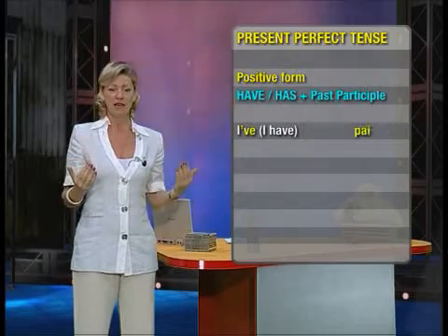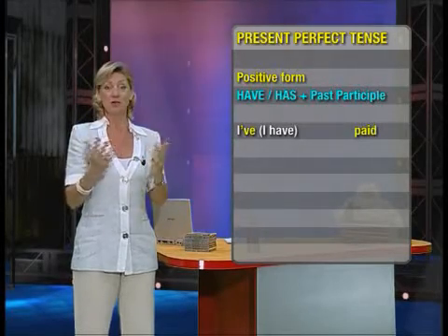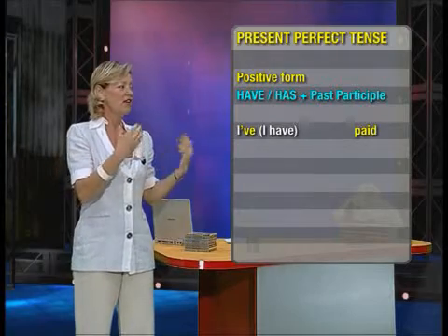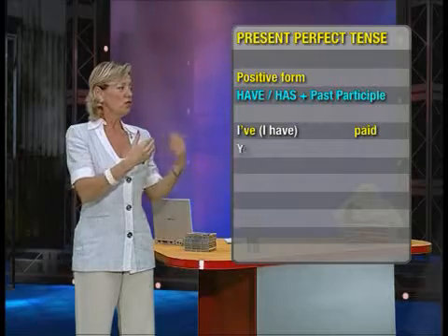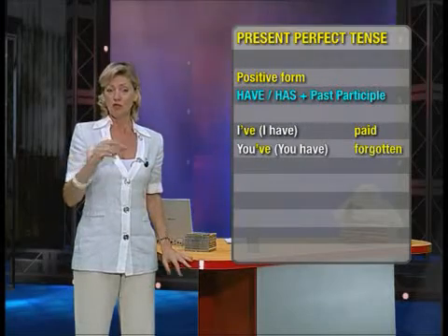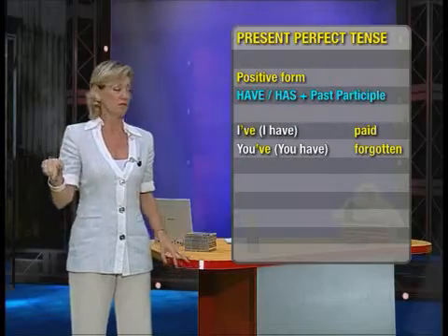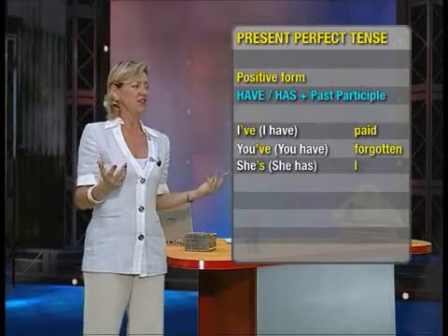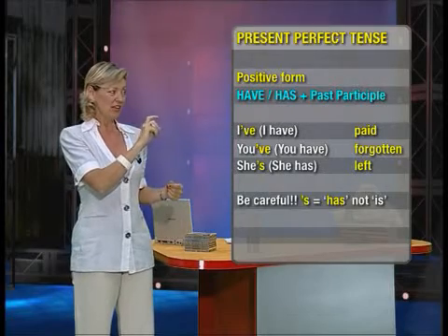I've paid. Now, we contract I have into I've, as we always do in English. I've paid. Pay, paid, paid. You've forgotten. You have forgotten. Forget, forgot, forgotten. She's left. She has left. Be careful, because you see the abbreviation is she's.